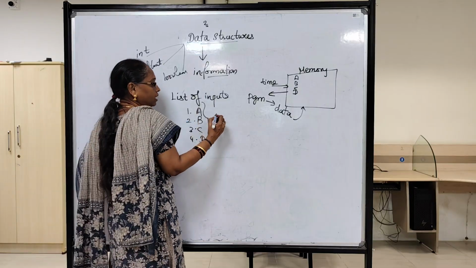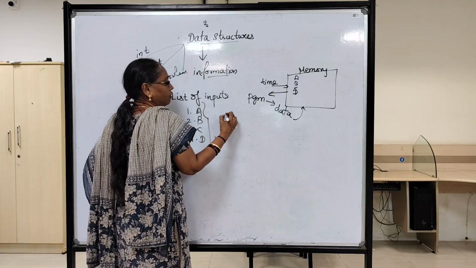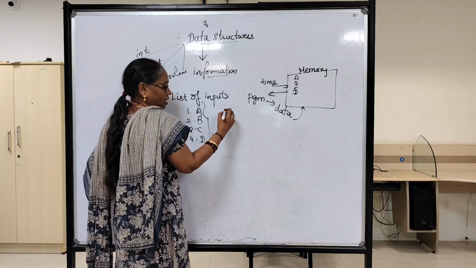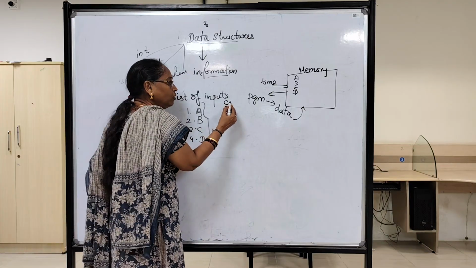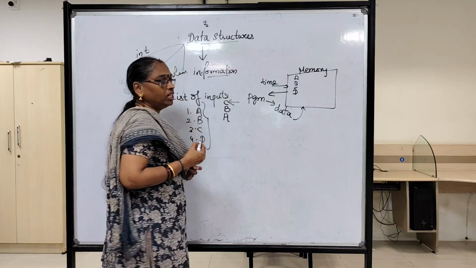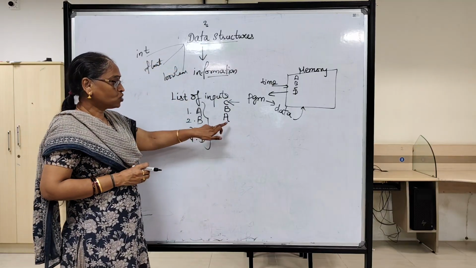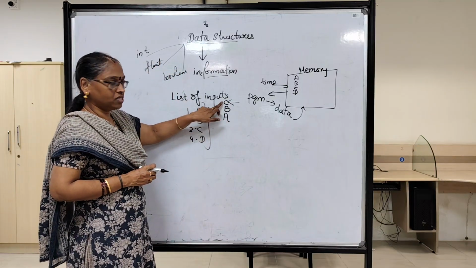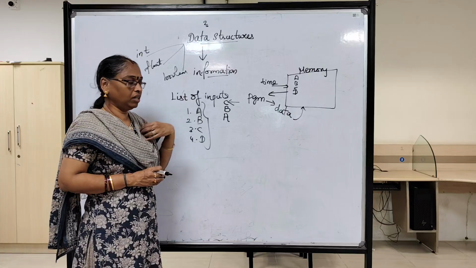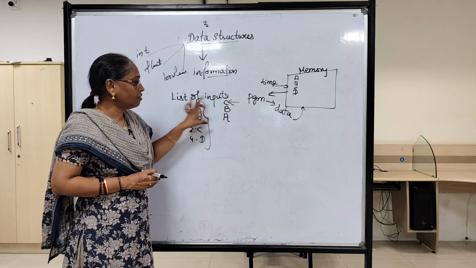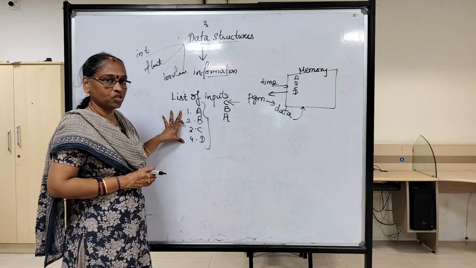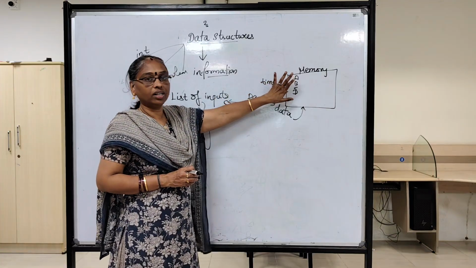Sometimes I need the data such that if I store A first, B next, and C next, I need to retrieve the one which I stored last. I stored A first, then B, then C, but what I should retrieve first is the one I stored last. In this case, if I use the list of inputs in the same way, it will not work well for me.